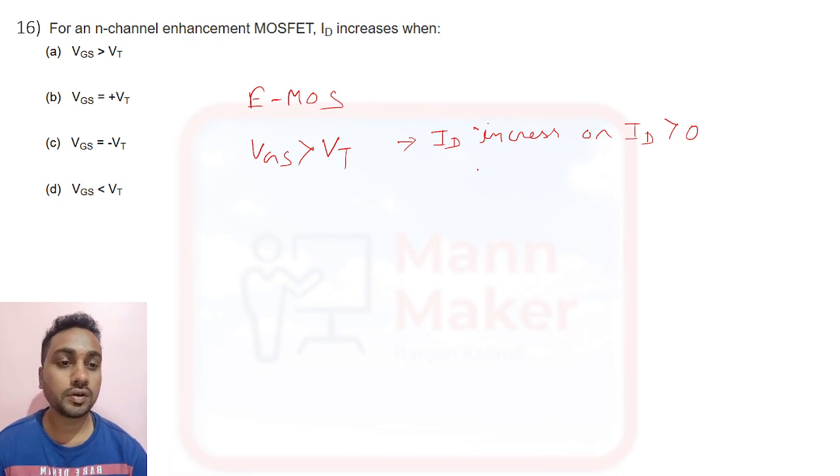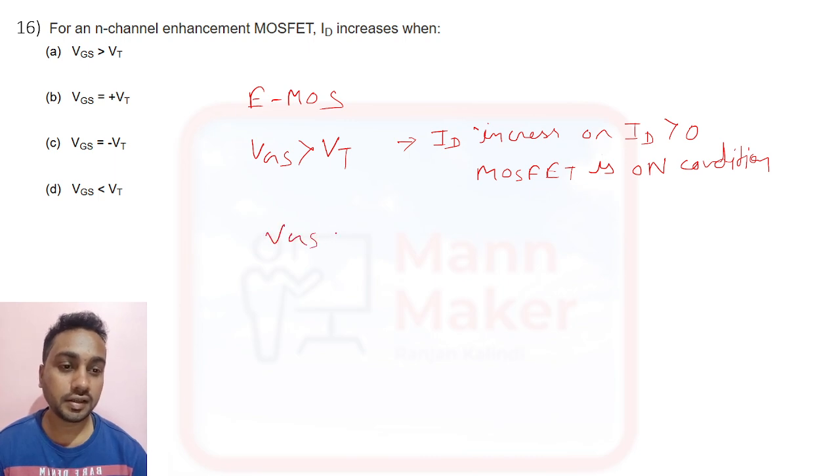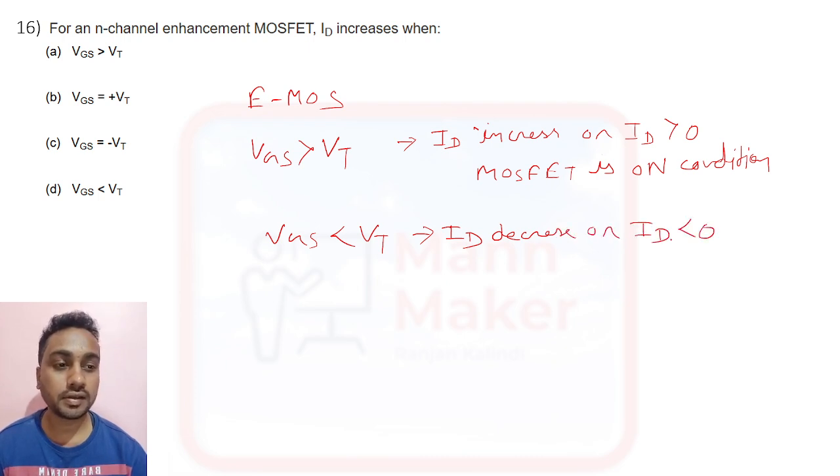In this case, the MOSFET is in on condition. And when VGS is less than VT, then ID decreases, or we can say ID is less than 0.